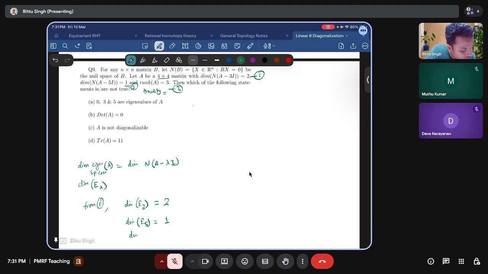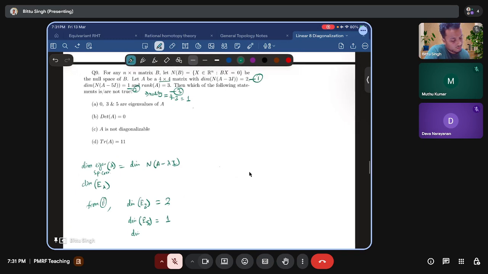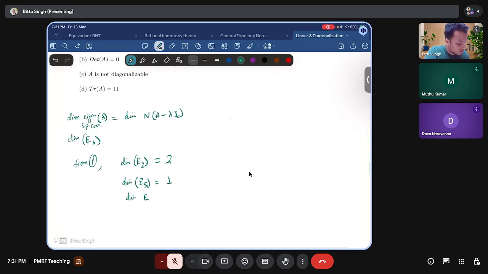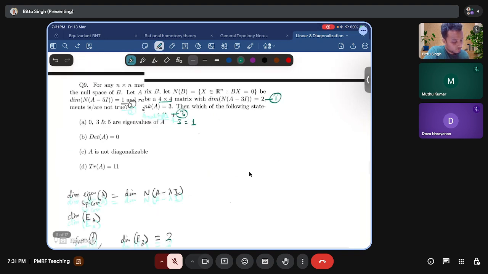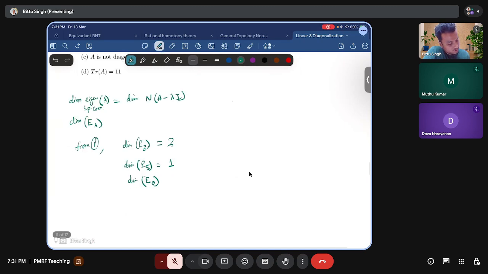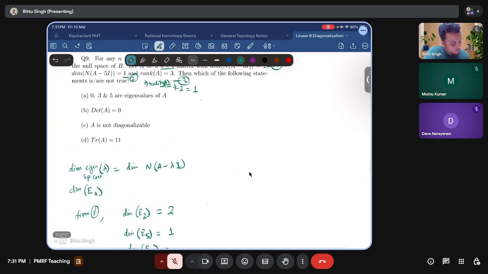So the nullity is 4 minus 3, which is 1. So the nullity of A is the same as the dimension of the eigenspace corresponding to 0. You can write A as A minus 0I. So we have found this nullity is 1.